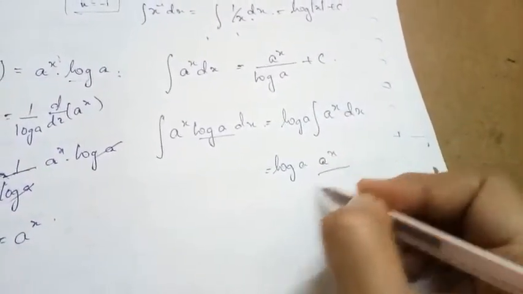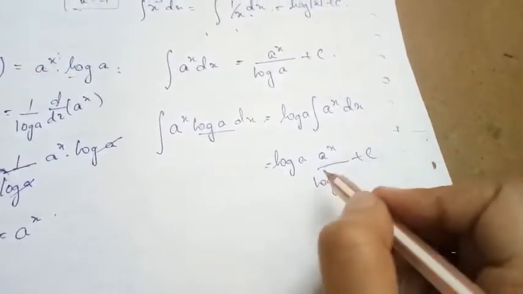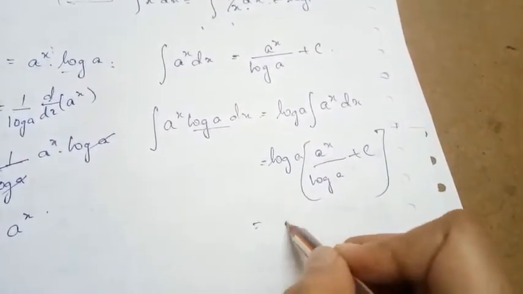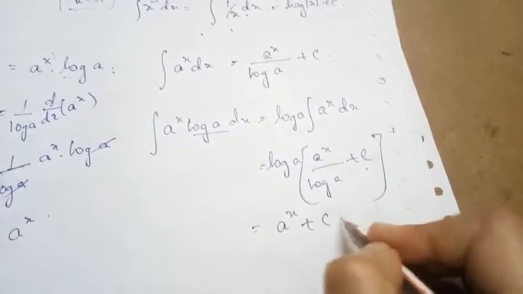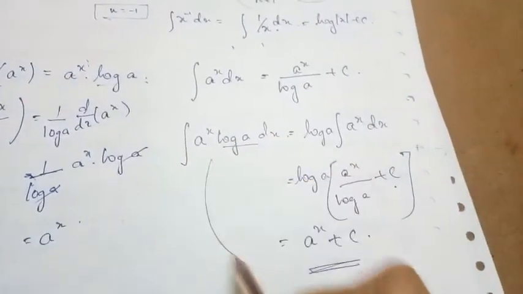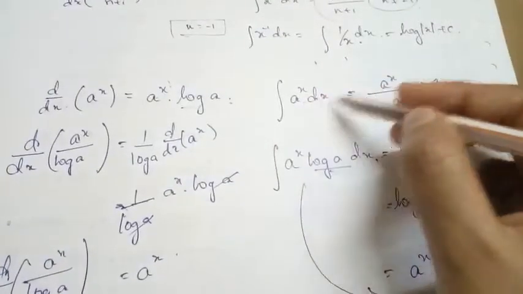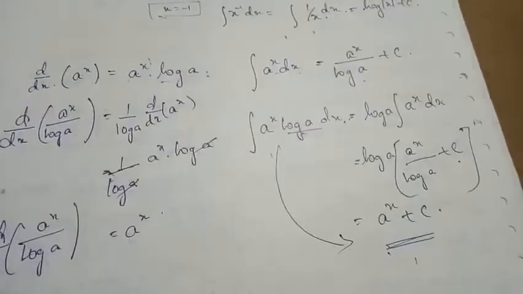It is a power x divided by log a plus c. Now if I multiply by log a, it gets cancelled, and log a into c is again a constant, so it becomes a power x plus c. So the integral of a power x log a dx becomes a power x plus c, and the integral of a power x dx becomes a power x by log a plus c.